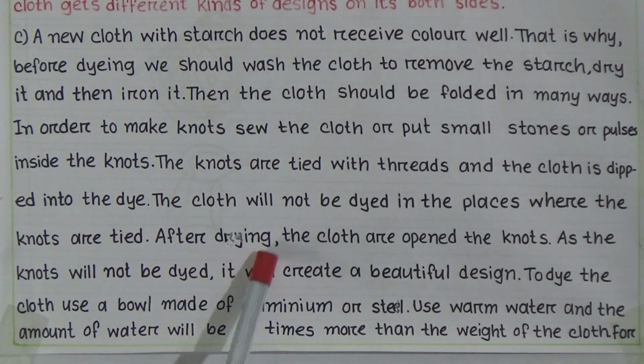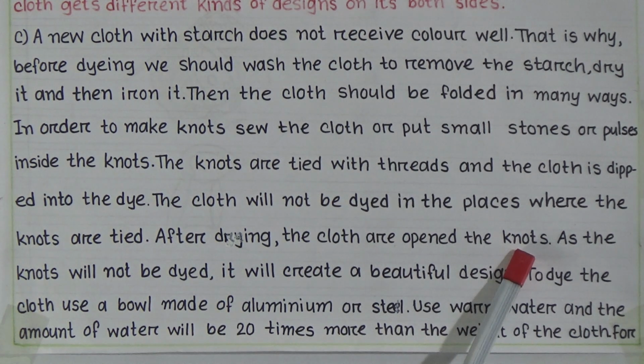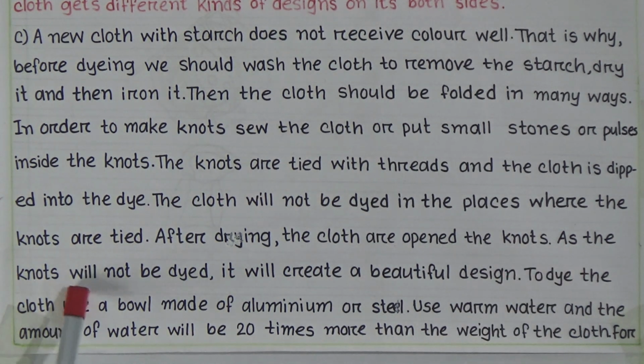After drying, the knots of the cloth are opened. As the knots will not be dyed, they will create a beautiful design. To dye the cloth, use a bowl made of aluminum or steel. Use warm water, and the amount of water will be 20 times the weight of the cloth.